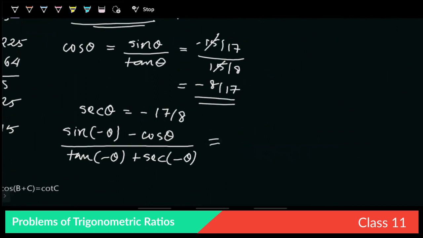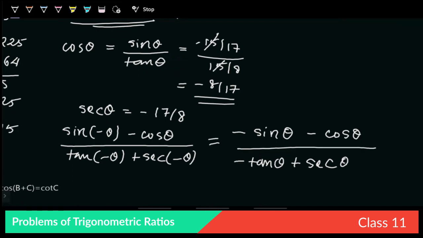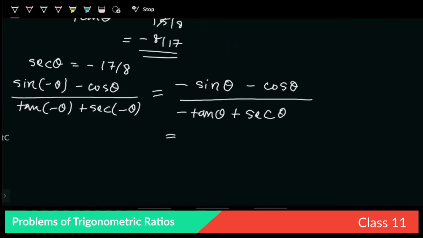What is sine of minus theta? Sine of minus theta is minus sine theta. Minus cos theta by tan of minus theta, which is minus tan theta, and plus sec of minus theta. Now sec of minus theta is what? It will give only sec theta. Okay, in the previous class I have discussed. So we will just put the values of sine theta, cos theta, tan theta, and sec theta.